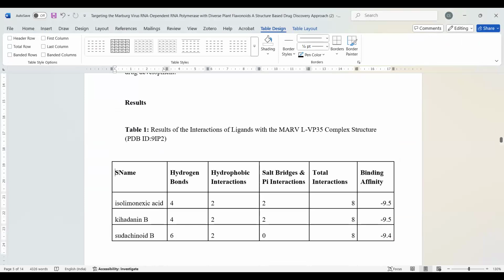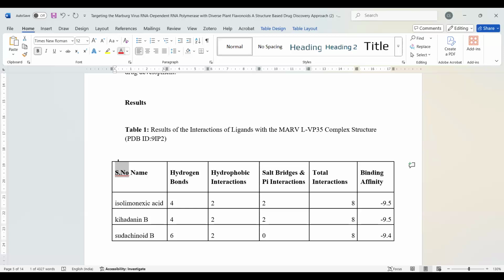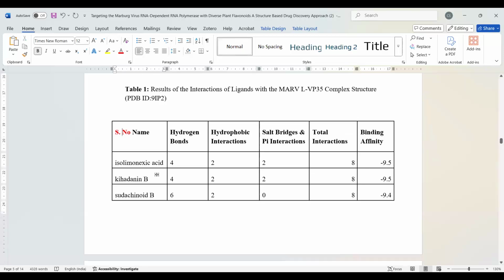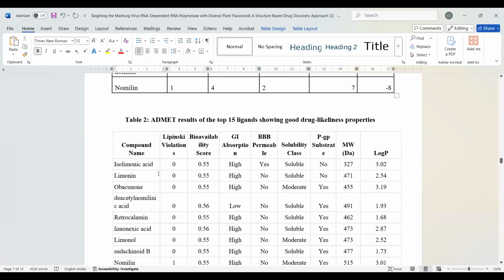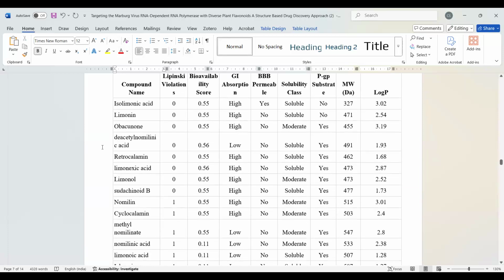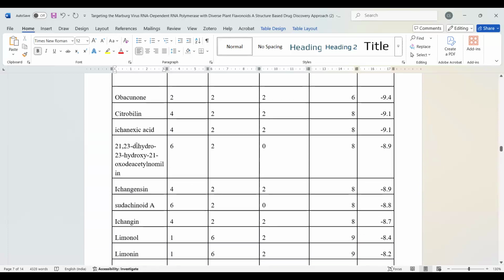Yes, you should add this, and in the same way, we'll add here too.